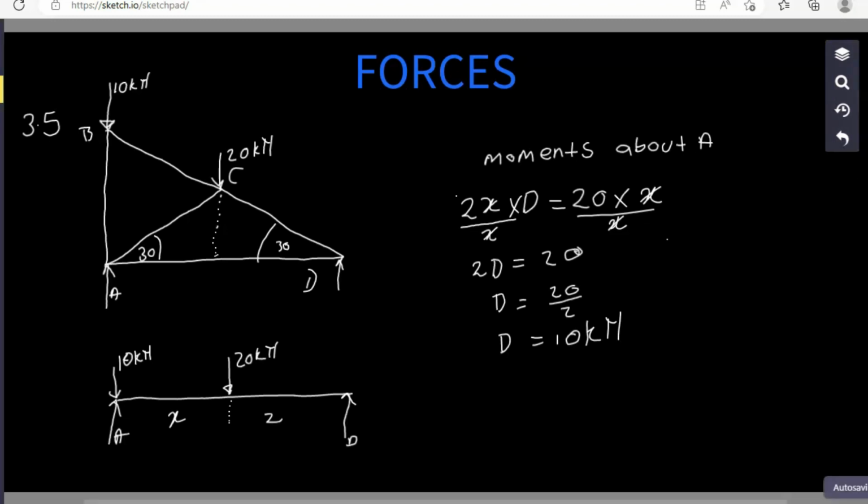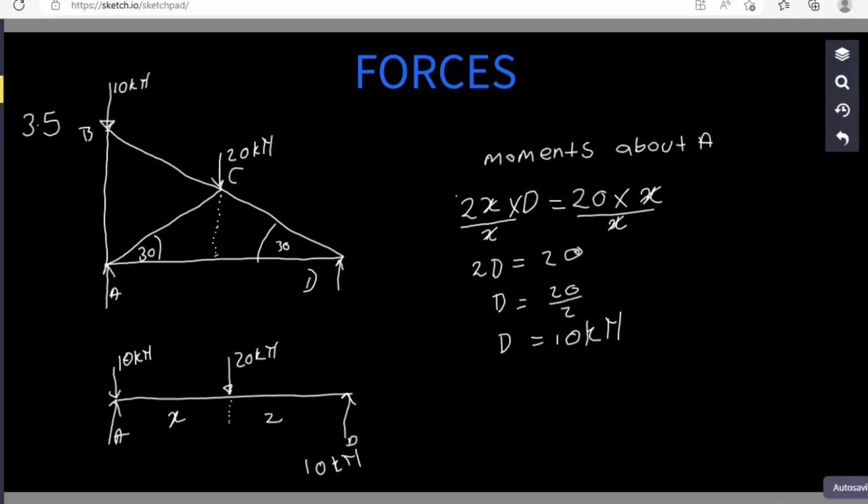So we now have the value of D. I'm only going to calculate for the value of D because we're only interested in this portion. So now we have the value of D as 10 kilonewtons.